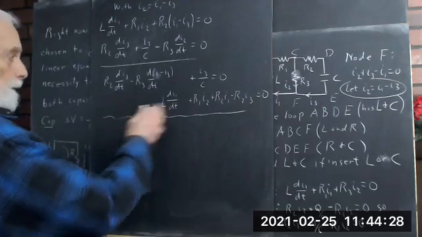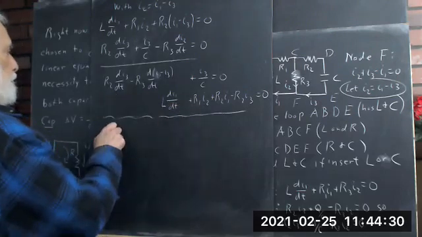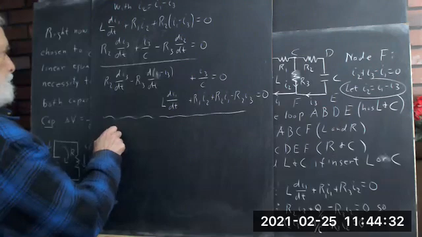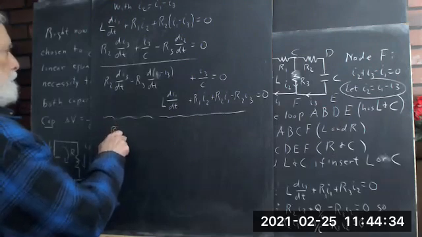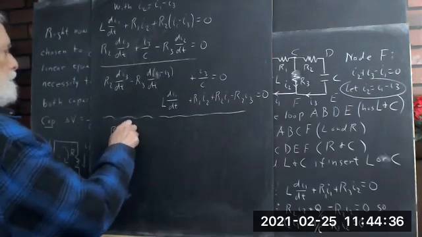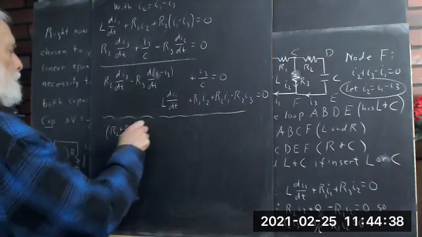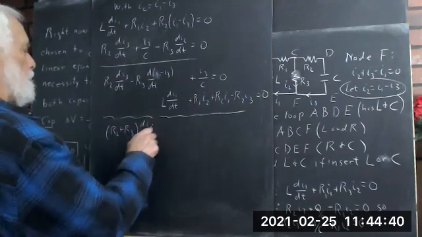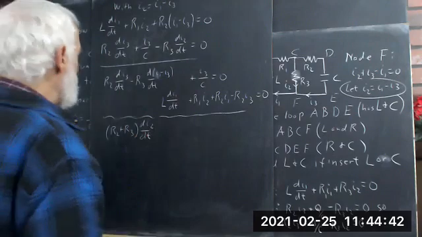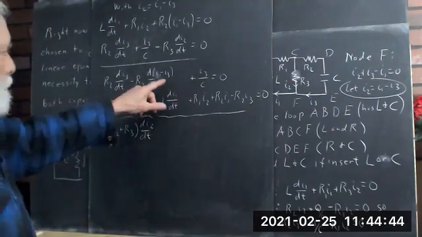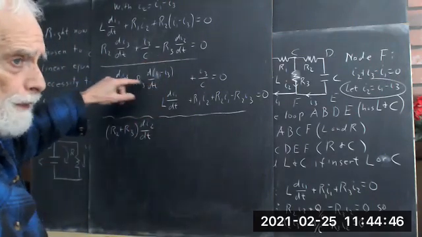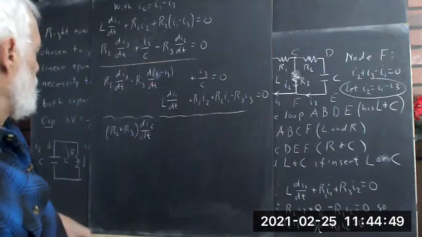I'll go ahead and write out these equations. We have R2 plus R3 times di3/dt, and it should be clear where that comes from.